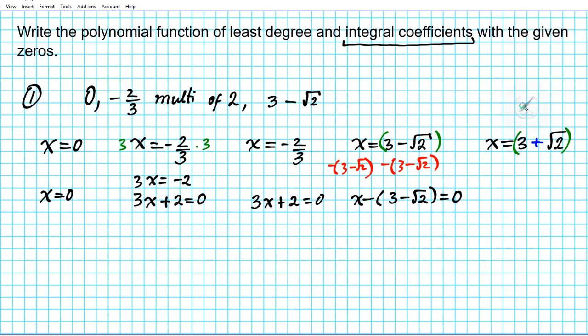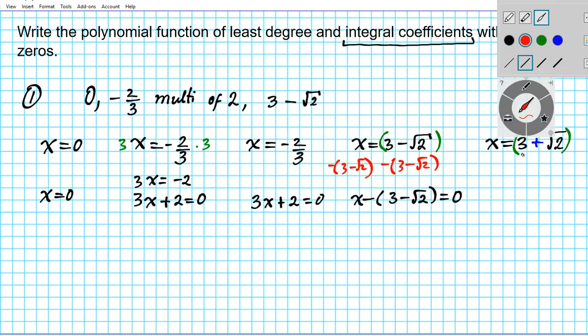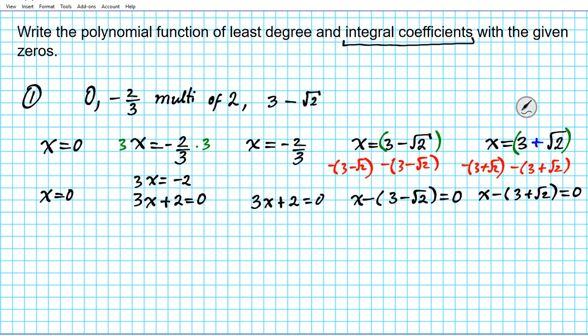On the right side here, we're going to do exactly the same thing, but we're subtracting 3 plus root 2 from both sides. Subtract the quantity 3 plus root 2. And then that yields x minus the quantity 3 plus root 2 equals 0. Okay? Now that we have all of them equal to 0, we're going to use the reversal of the zero product property to express them as a product of quantities that is equal to 0.